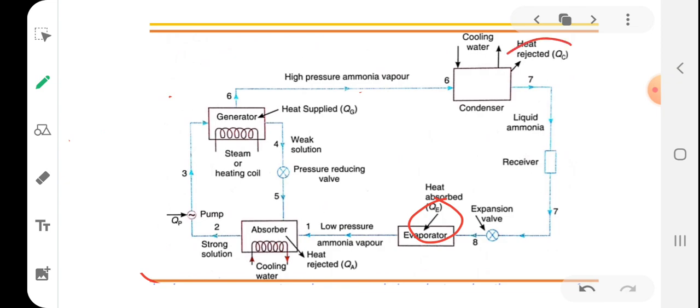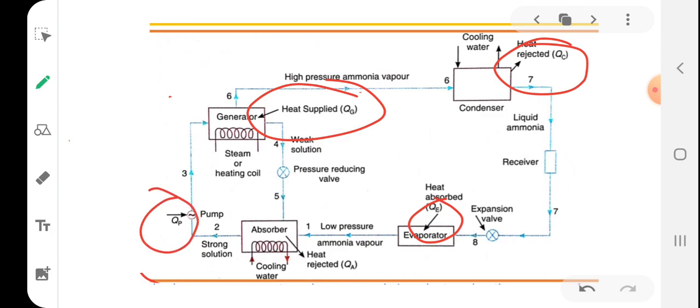Heat is rejected to the atmosphere, QC, from the condenser. Heat QG is supplied to the generator, and work is added to the pump, but this work can be neglected because it is very small compared to these three values. So I am neglecting this.